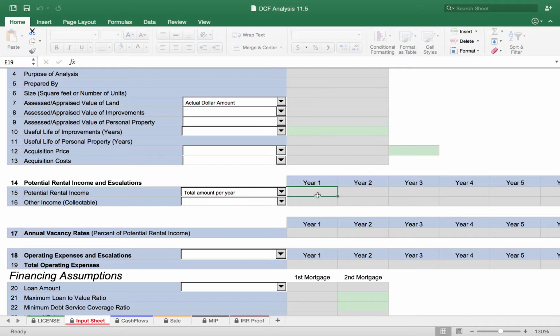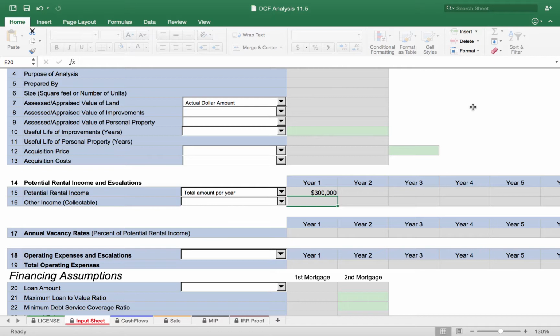But because this is native Excel, I can go right in that cell, hit the equal sign, 25 units times $1,000 per unit times 12 months, and get to my $300,000 in potential rental income that way. So any of these cells can be used in a similar manner, again, because this is native Excel.